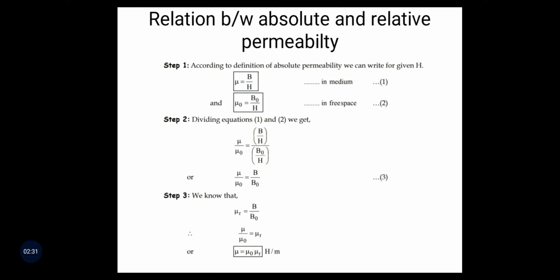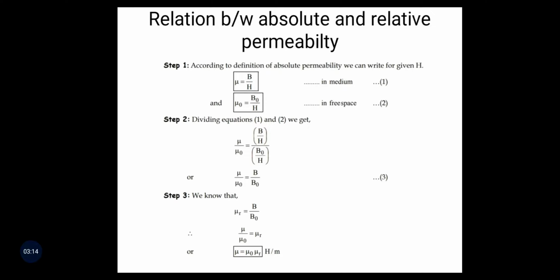So here, first of all, mu equals B by H, mu naught equals B naught by H, then dividing both 1 and 2, mu by mu naught equals B by H divided by B naught by H. Then mu by mu naught equals B by B naught.